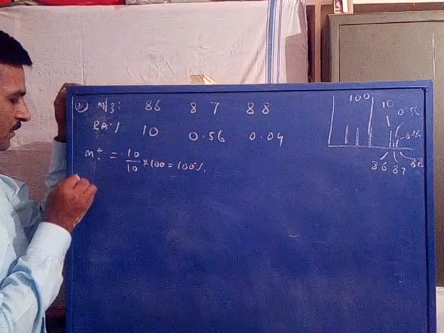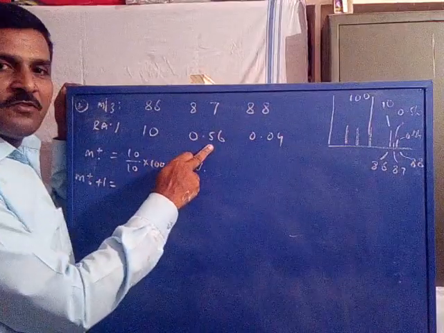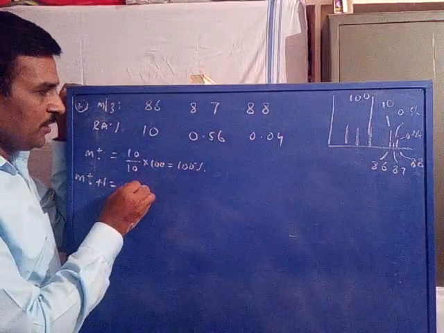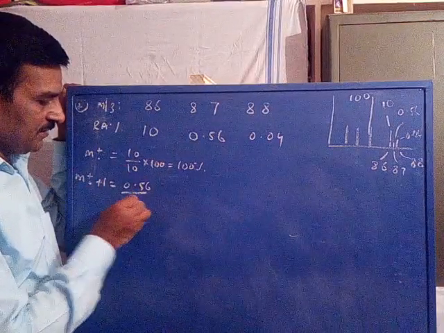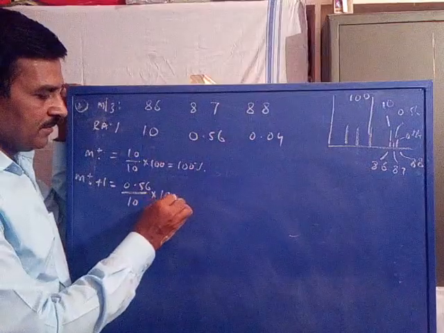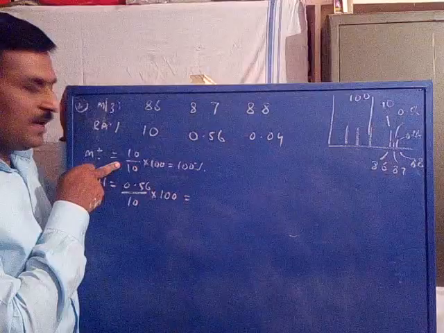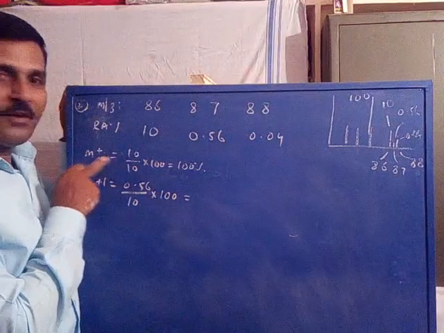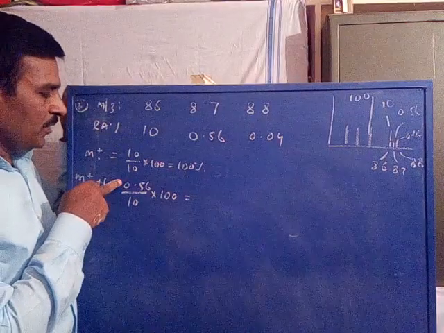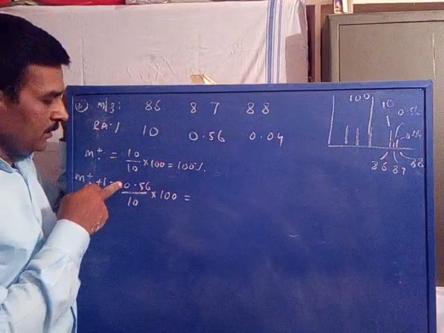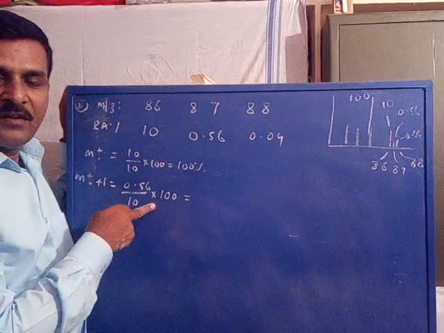This is the molecular ion +1 signal. Its intensity is 0.56 divided by the molecular ion signal intensity 10%, into 100%. Are you following? When we recalculate the molecular ion intensity to 100%, the +1 signal must also be recalculated proportionally.